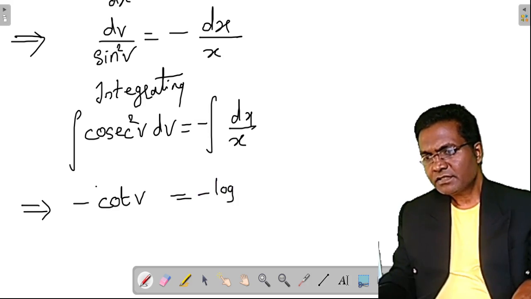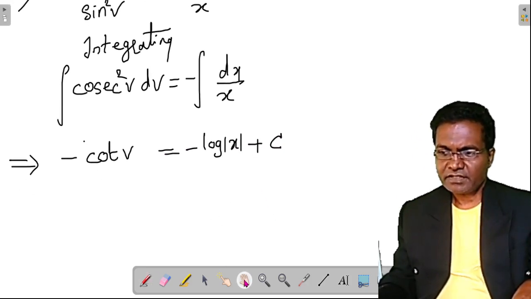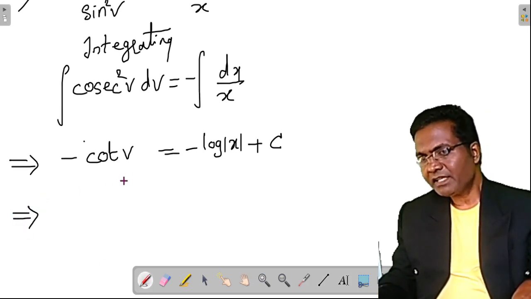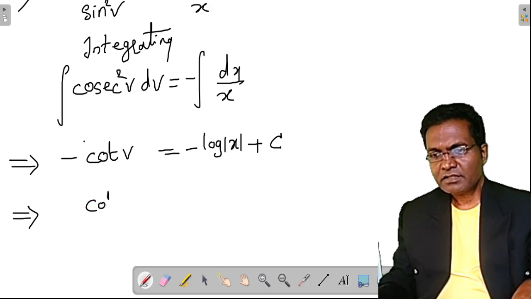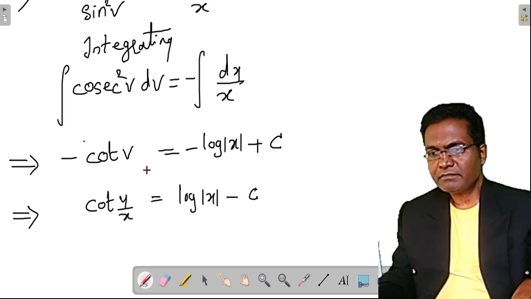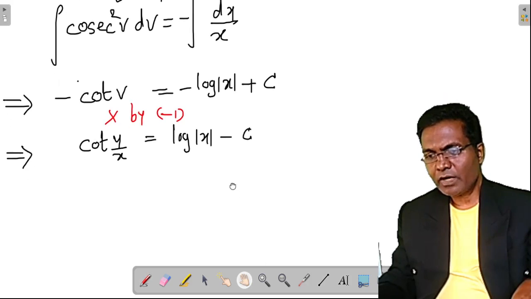It is log x plus constant c. So you may write, if you multiply by minus you will get cot, and v is y by x equals to log of x, and I can write it as a minus c because I have multiplied by minus 1.